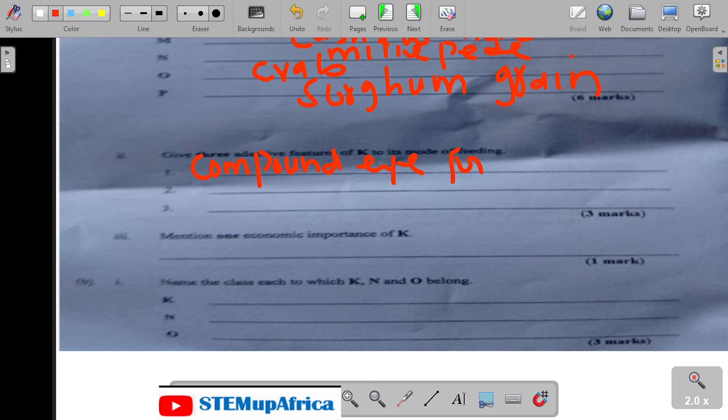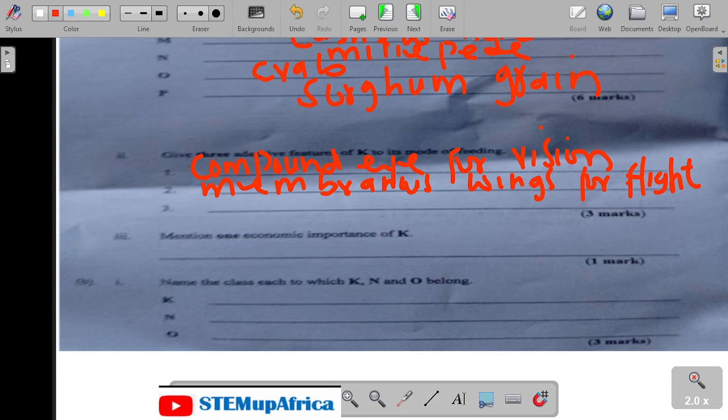Then 2, you have membranous wings for flight.